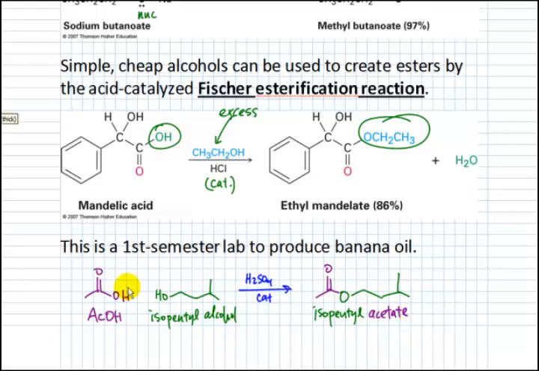Notice where the water came from: the OH of the acid, the H of the alcohol. If we had an isotopically labeled oxygen, we would be able to confirm that it's the oxygen of the alcohol that becomes the oxygen in the product. The OH of the carboxylic acid in the first place is removed to make water. So let's just signify that like that.